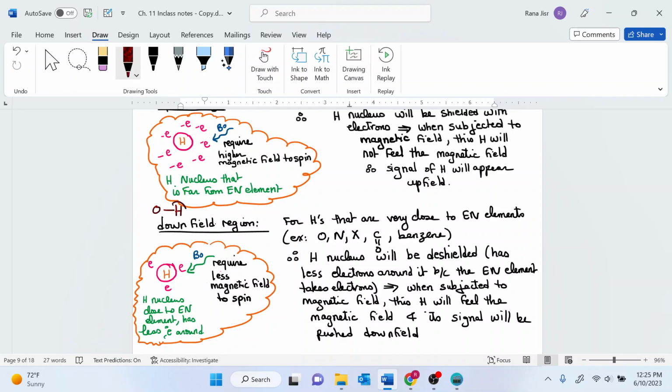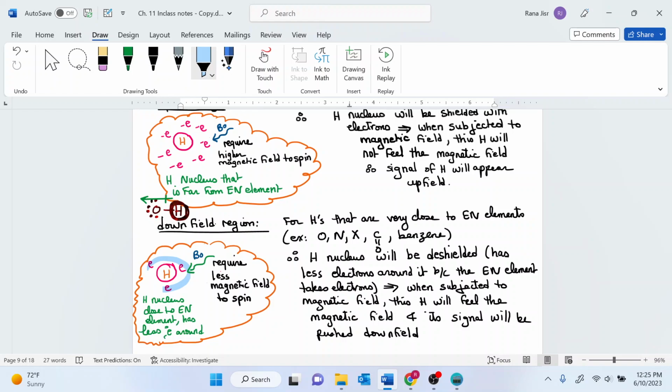And I am looking at the spinning nuclei of this hydrogen over here. Now I know this oxygen is an electronegative element. So that oxygen is going to come and steal electrons away from the hydrogen. So this is why you're going to have less electrons around the hydrogen in there.